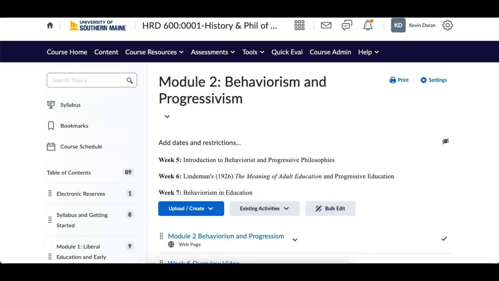The first week has to do with both of these philosophies, then we get into the progressive side of things, and then the behaviorist side in week 7. So that's just a very fast overview of where we're going in this next module.